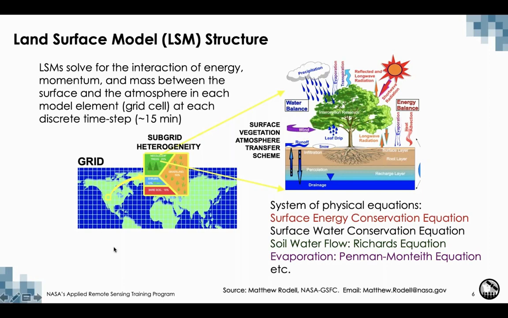And in each model grid as shown here, usually the time step used is as short as 15 minutes. And not only are these general grid, but subgrid level details are provided to have better interaction of surface, vegetation, and atmosphere transfer of energy and water.